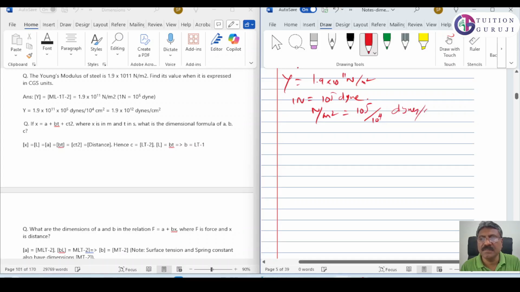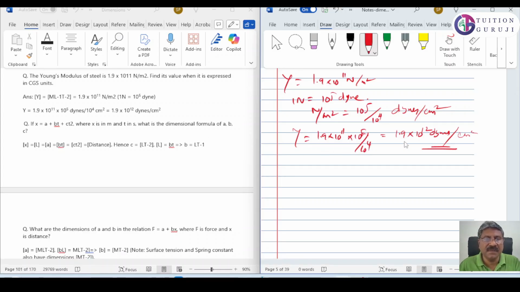So Y is equal to 1.9 into 10 raised to 11 into 10 raised to 5 divided by 10 raised to 4, which is equal to 1.9 into 10 raised to 12 dyne per centimeter square.